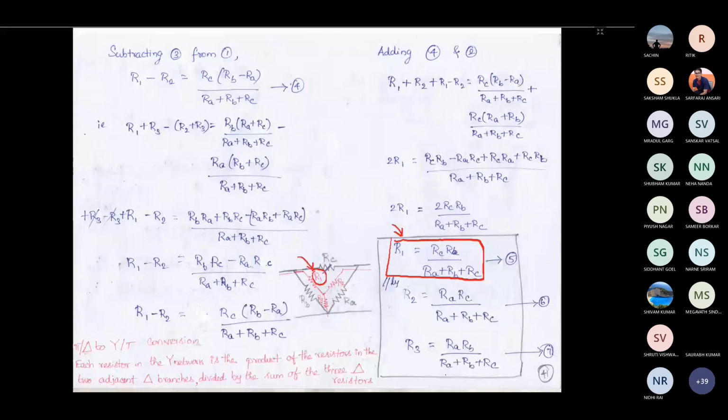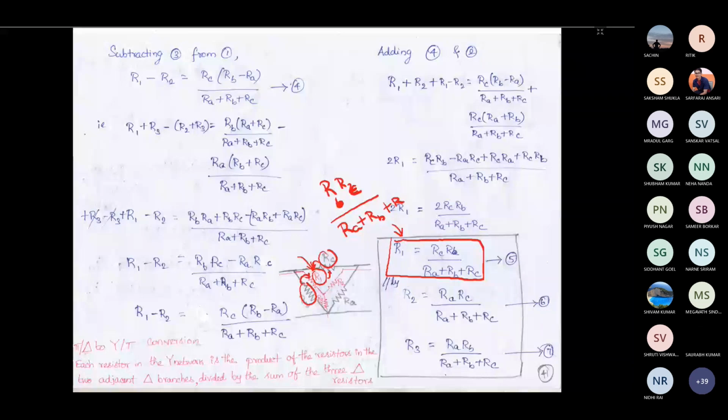The nearest resistances to R1 in the delta combination are RC and RB. So for the numerator, you multiply RB and RC, that is what we got here, divided by the sum of the resistances, RA plus RB plus RC.